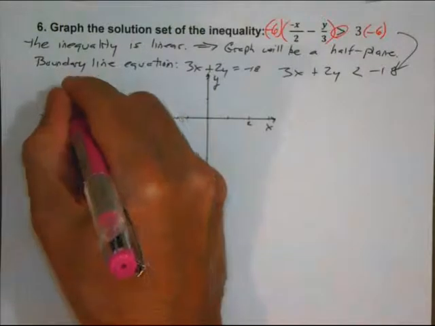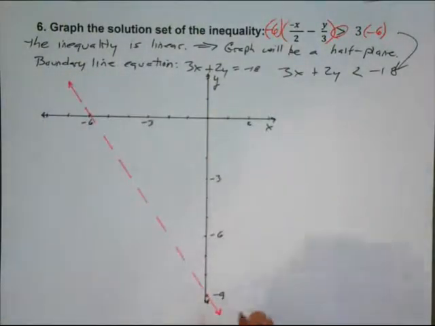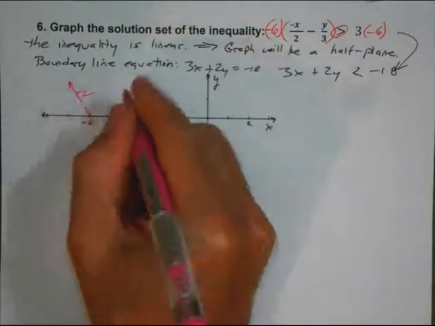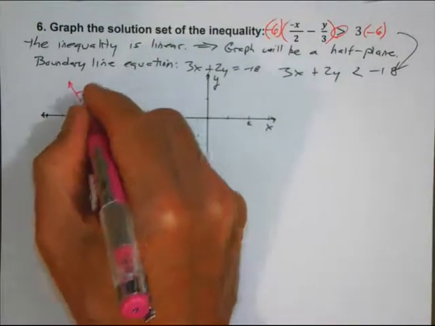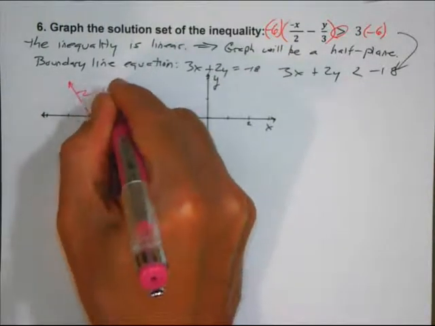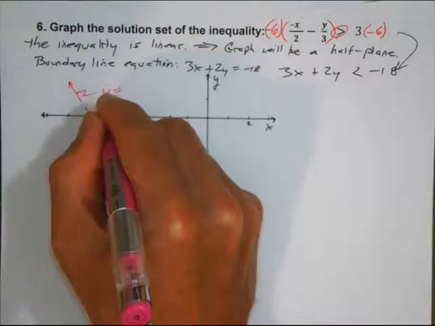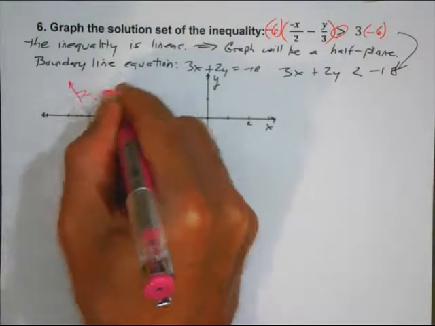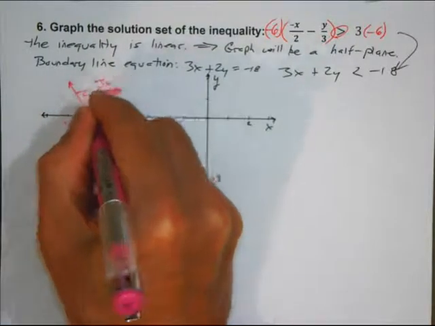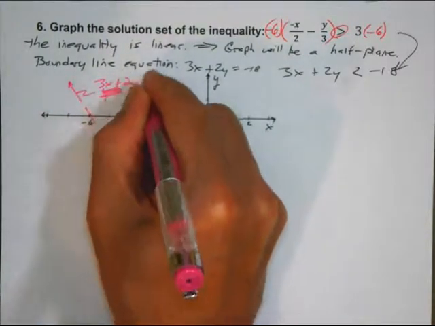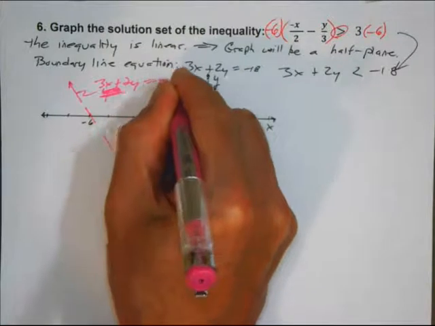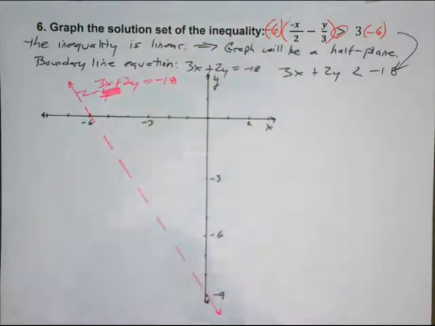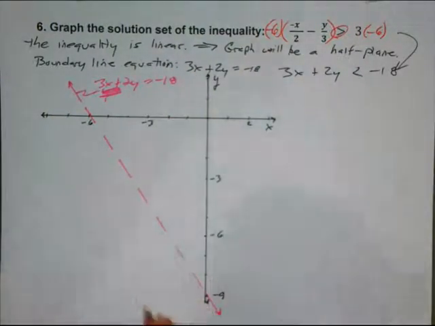You can label the equation on this dashed line. I'm sorry, I meant to say this is 3x plus 2y equaling negative 18. That's what this is.